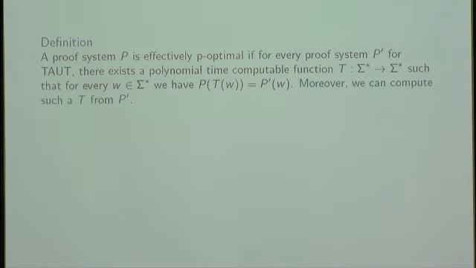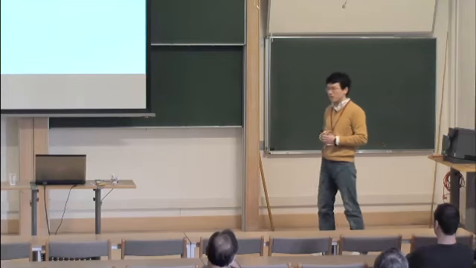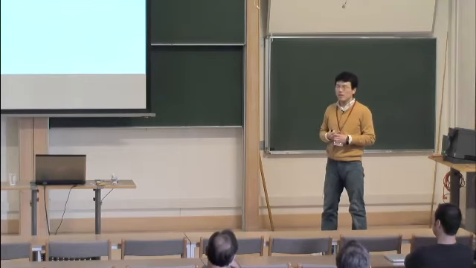If we can compute such a translation from the second proof system, from P' to P, then we say we have an effectively p-optimal proof system. To have an intuition about this notion, just think about Cook's completeness theorem for SAT.